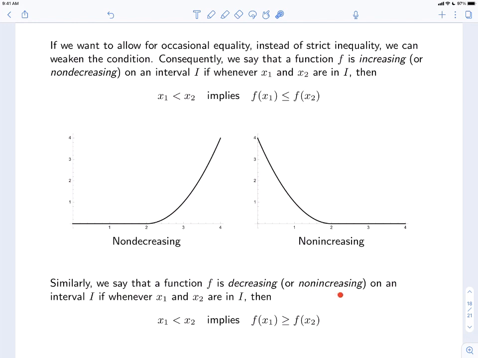That's why we say non-increasing. One important thing here is that this is on an interval. In order to talk about increasing or decreasing functions, we talk about an interval because we're comparing two values, f at x1 and f at x2. So we need an interval that contains at least two inputs.